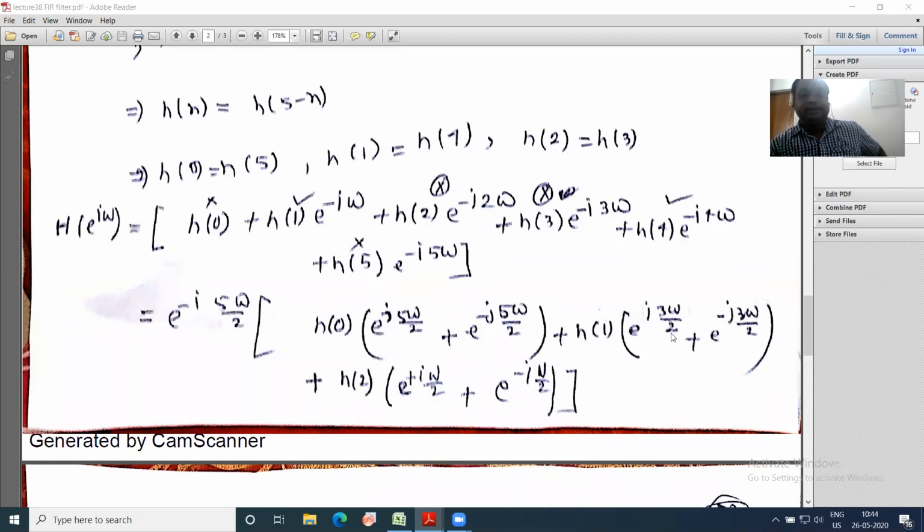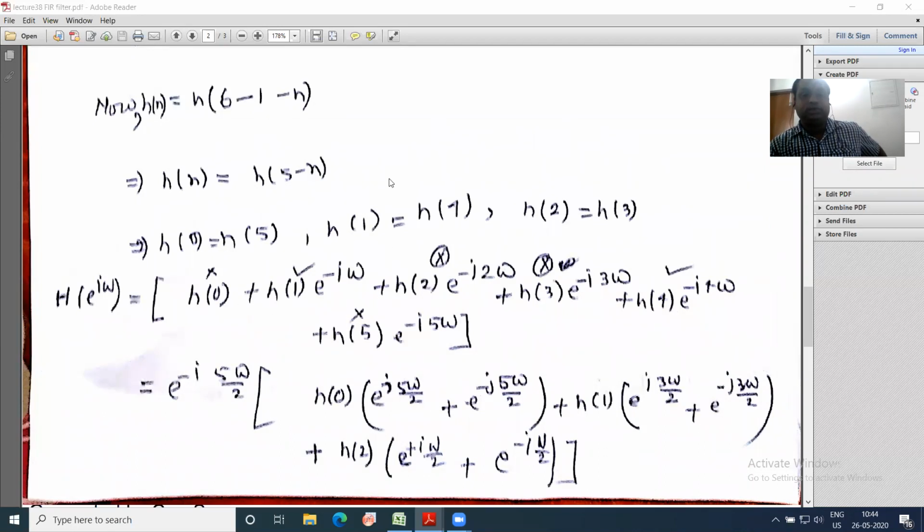Now h1 equals h4, so h4 equals e power minus j4 omega, so h1 into e power minus j omega.